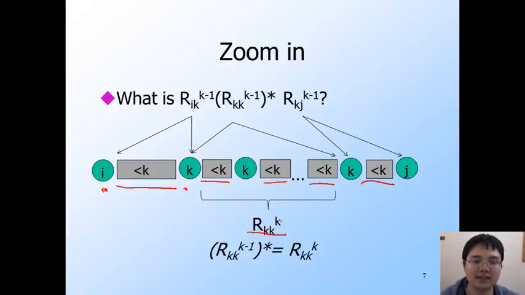And in edge cases, both Rkk, k-1 star, and Rkkk contain epsilon, the empty string. In spite of the equivalence, we pick Rkk, k-1 star, because this will give us a formula where quantities with a higher superscript will always only depend on quantities with lower superscript, which makes the implementation and understanding much easier.